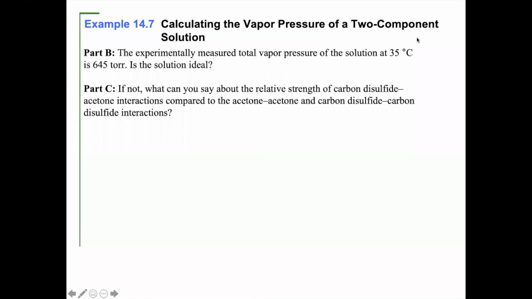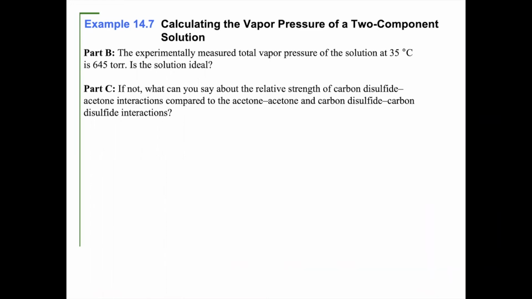Okay, the experimentally measured total vapor pressure of the solution at 35 degrees Celsius is 645 torr. Is the solution ideal? Remember, an ideal solution follows Raoult's law pretty closely, so the actual value would be pretty close to the predicted value.